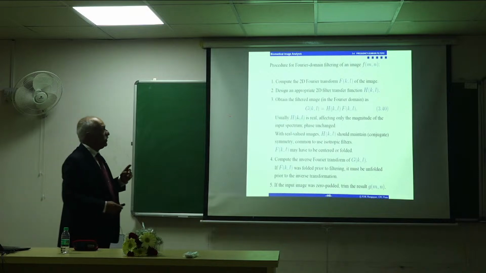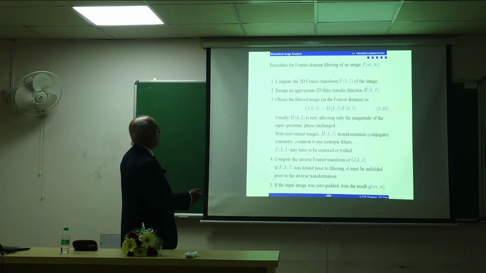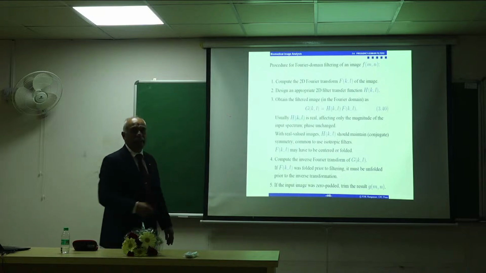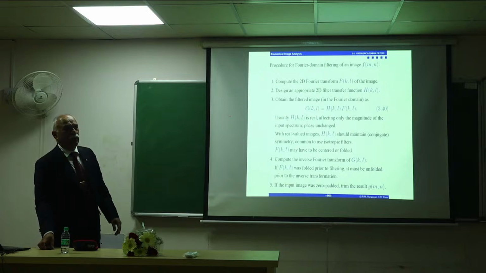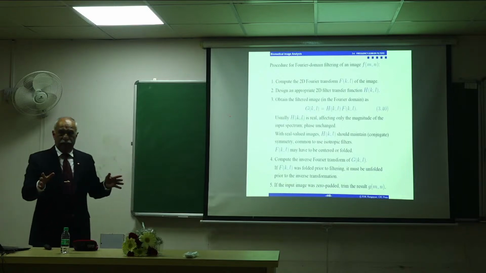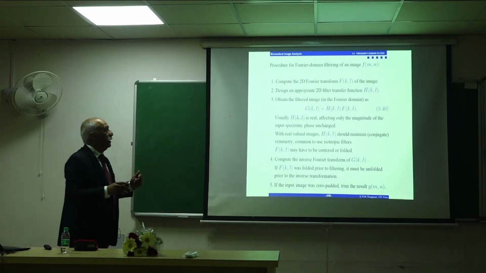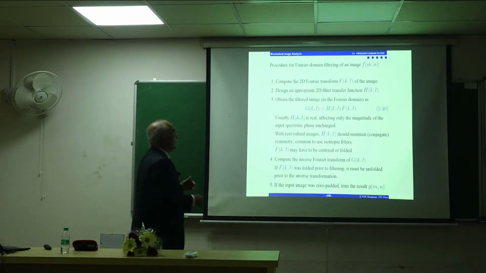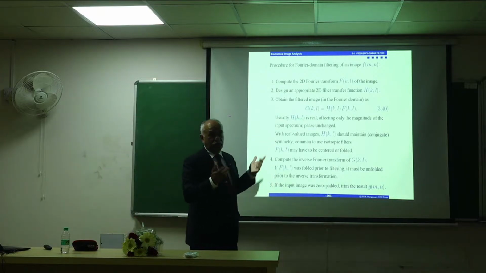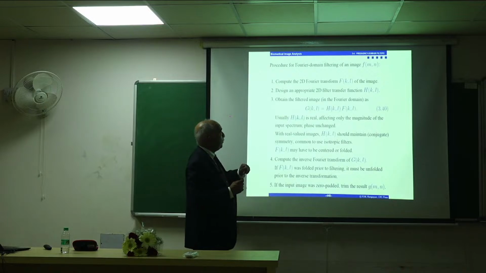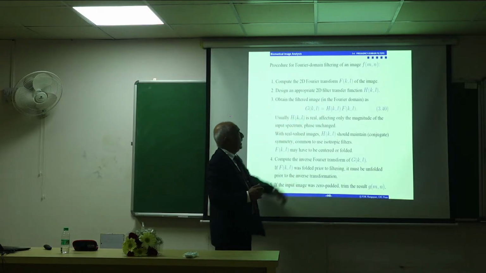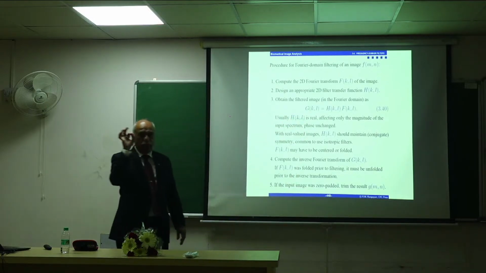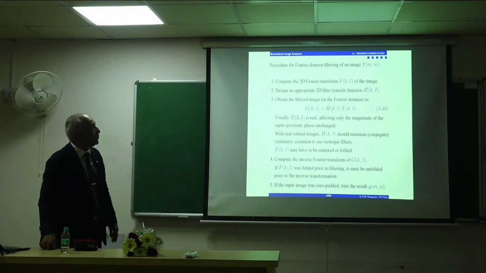So what is the procedure? You compute the 2D Fourier transform, F(k,l), and design an appropriate 2D filter transfer function, H(k,l). Typically you would want this to be symmetric, and in most cases isotropic too. Obtain the filtered image, G(k,l) = H(k,l) times F(k,l). You multiply point by point in the frequency domain.